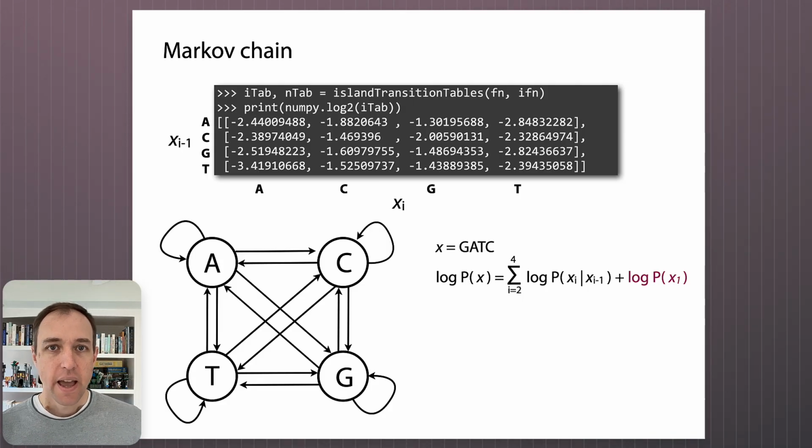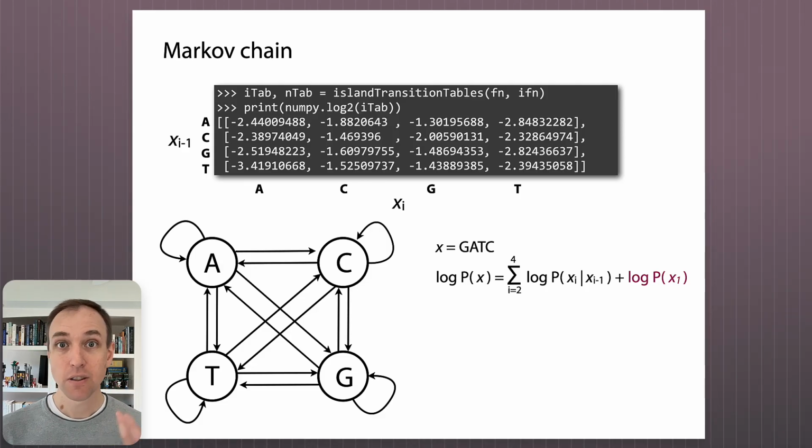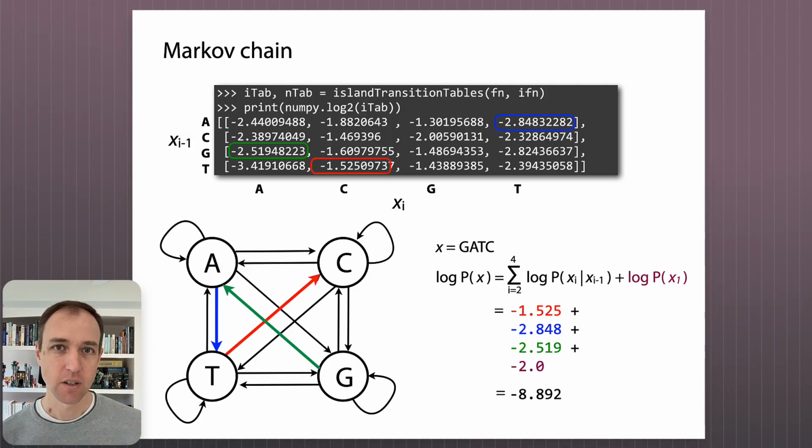Okay? And so if I want to compute a joint probability, just like I did before, instead of multiplying together the probabilities that I look up in this table, I of course am now going to add together log probabilities, which I look up in this table. And I'm just going to go through essentially exactly the same procedure as from the previous lecture. It's just that I'm adding log probabilities instead of multiplying probabilities. And at the end, I'll get this answer.